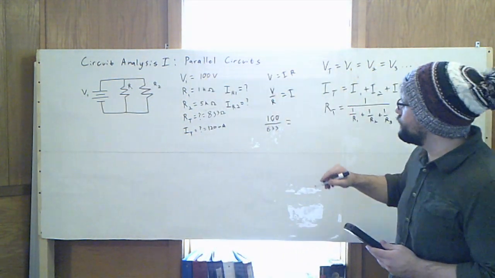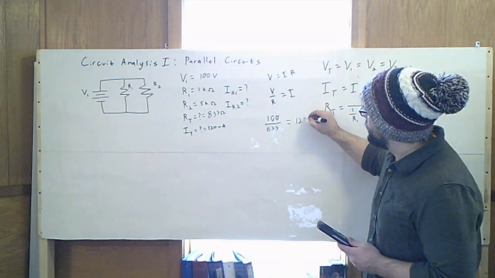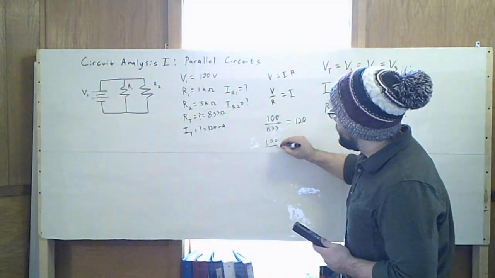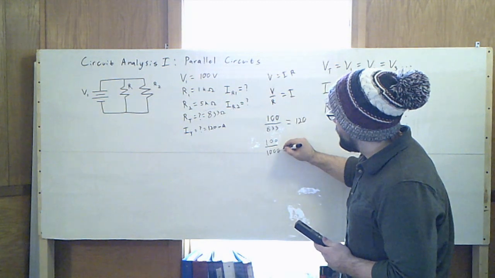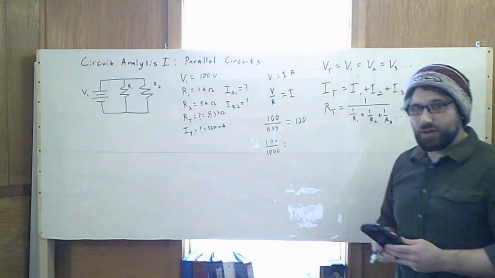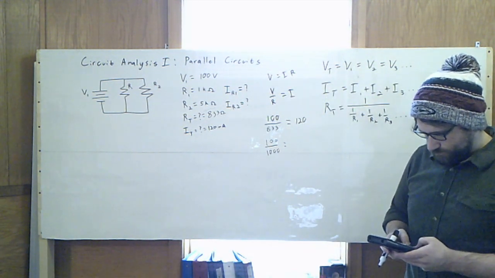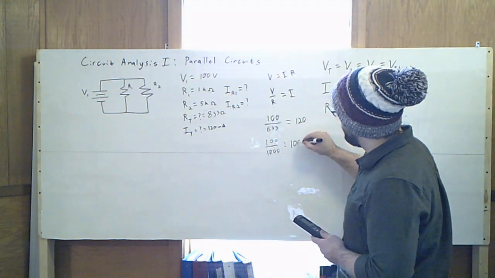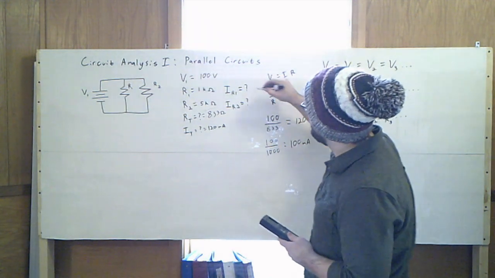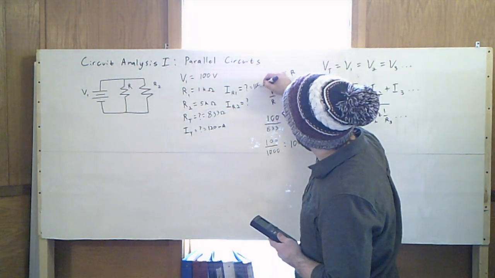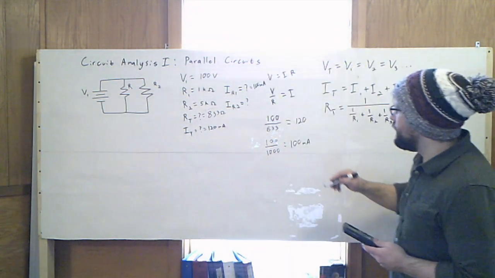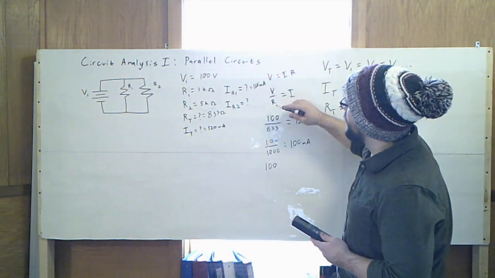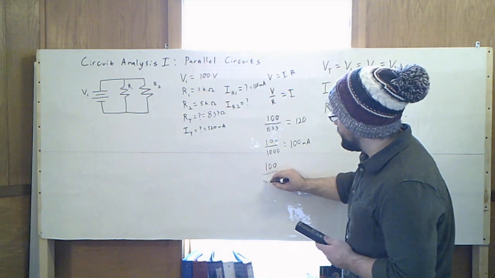Okay, now my individual resistors, 100 divided by 1,000, what is that going to be? That'll give me 100 milliamps. Alright, and then I take my 100 again, my voltage divided by my R2, which was 5,000.